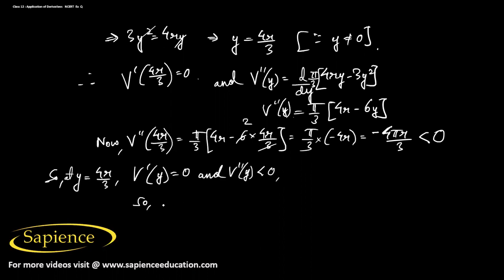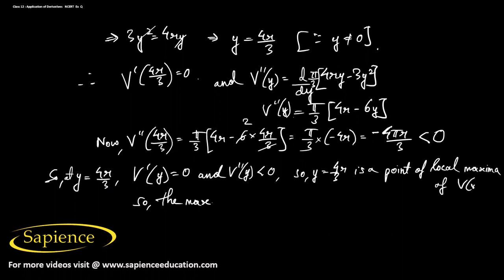So y equal to 4r by 3 is a point of local maxima of the function v of y.